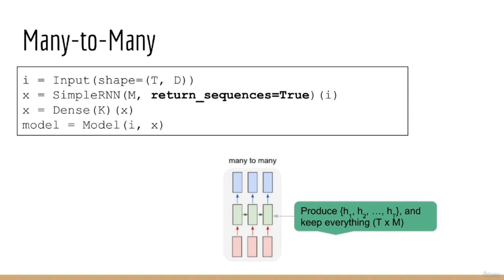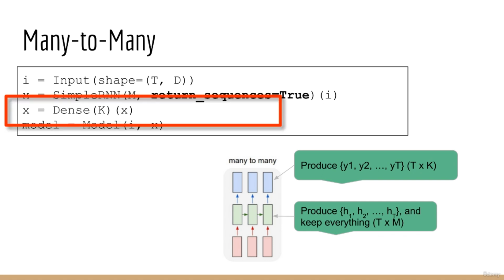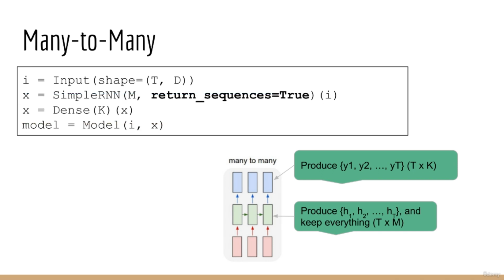So suppose this is a many-to-many task, where we want to have one prediction for every time step. So we want y1, y2, all the way up to y big T. In this case, we can just pass the output of the RNN through a dense layer, and this is what we automatically get. So in this case, the output of the neural network is T by K. Note that there is no special syntax you need to use.